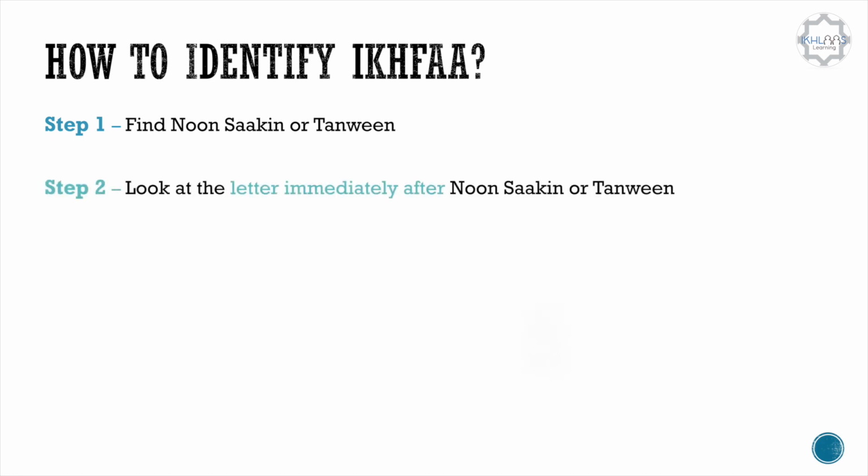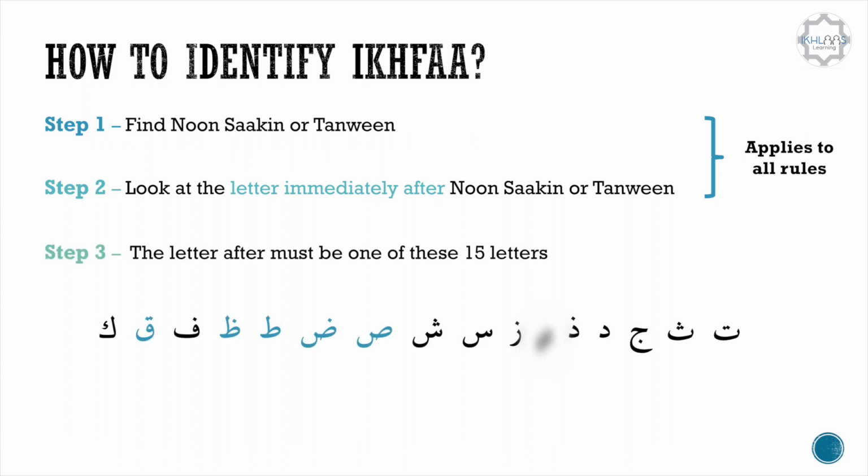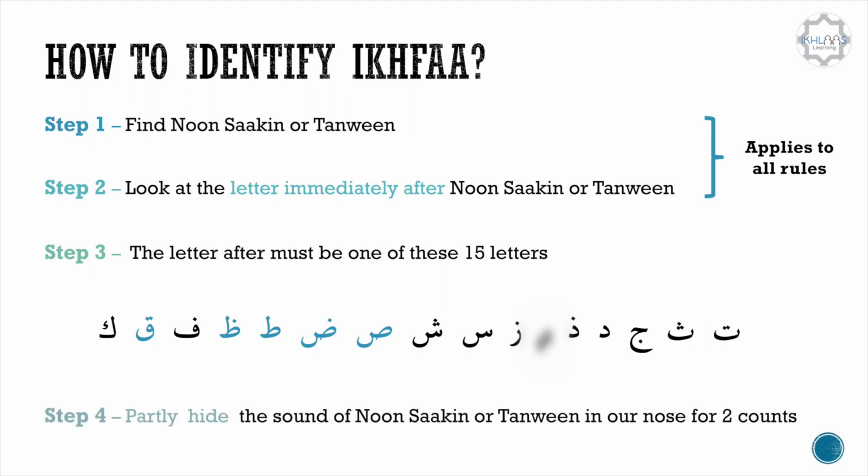Step 2, look at the letter immediately after Noon Saakin or Tanween, which has applied to all the rules we have done previously. Step 3, the letter after must be one of the 15 letters. And step 4, partly hide the sound of Noon Saakin or Tanween in our nose for 2 counts.